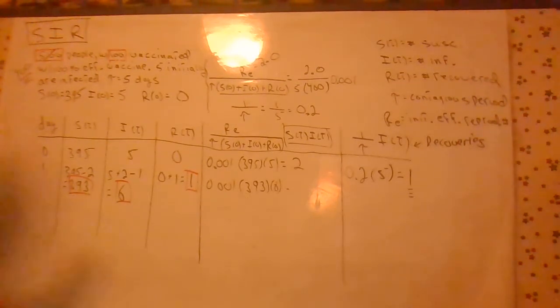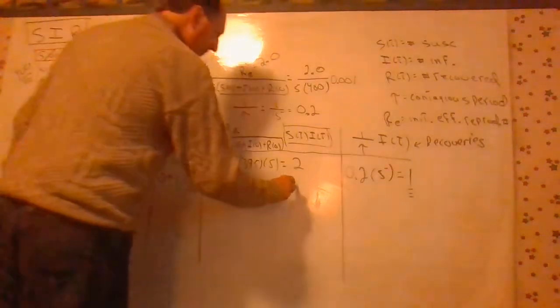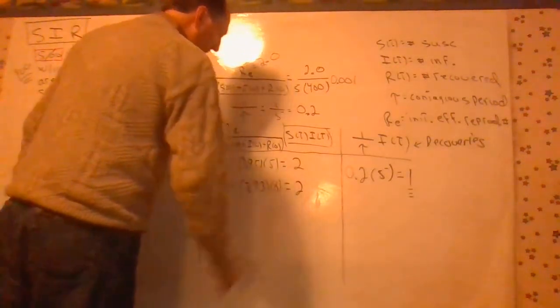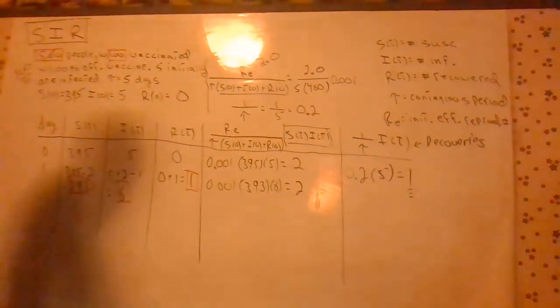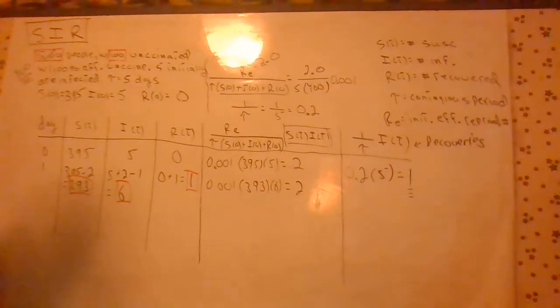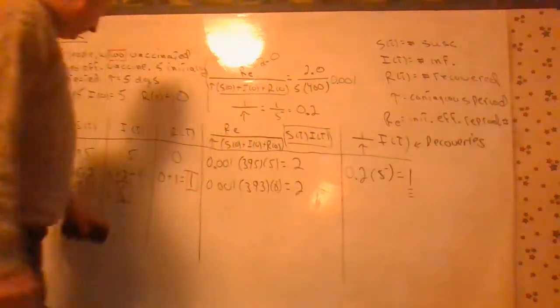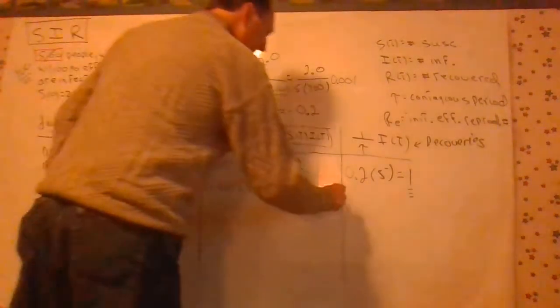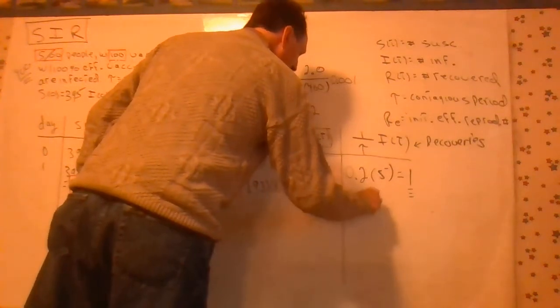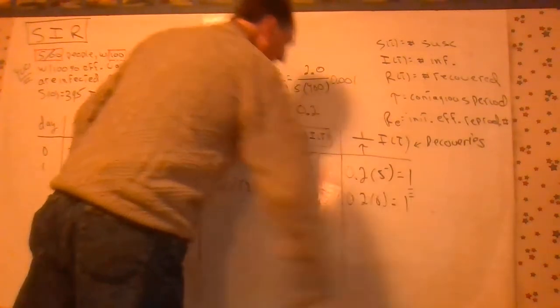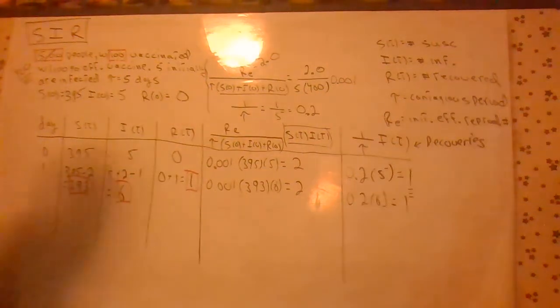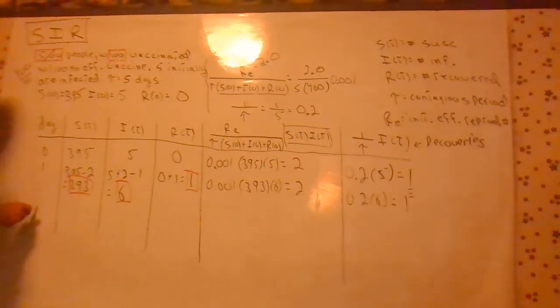It looks like I get 2.35, so we'll round that off to 2. You could keep track of decimals here if you wanted a more accurate representation, but we'll just use a whole number. And then we have 6, 0.2 times 6, and we'll round that to 1. That's 1.2, but we'll round it to 1. And then we go on to the second day.